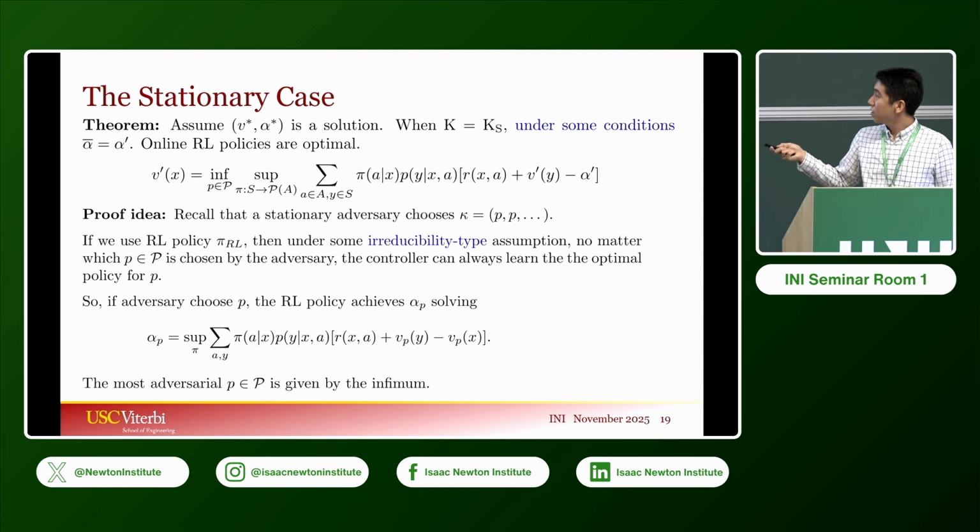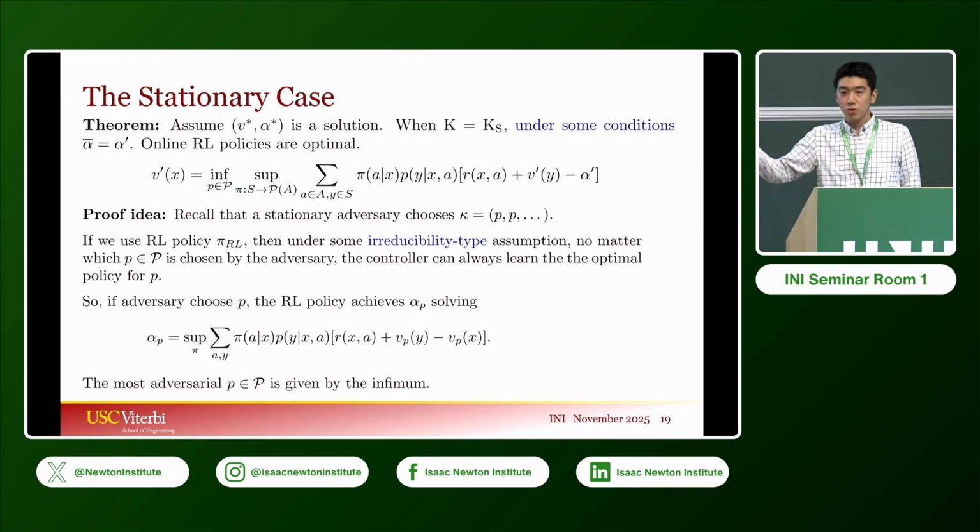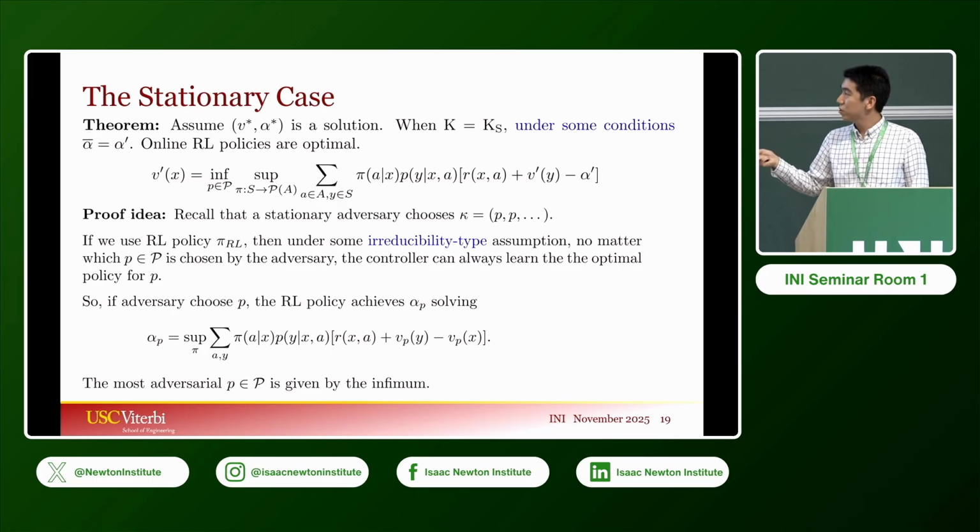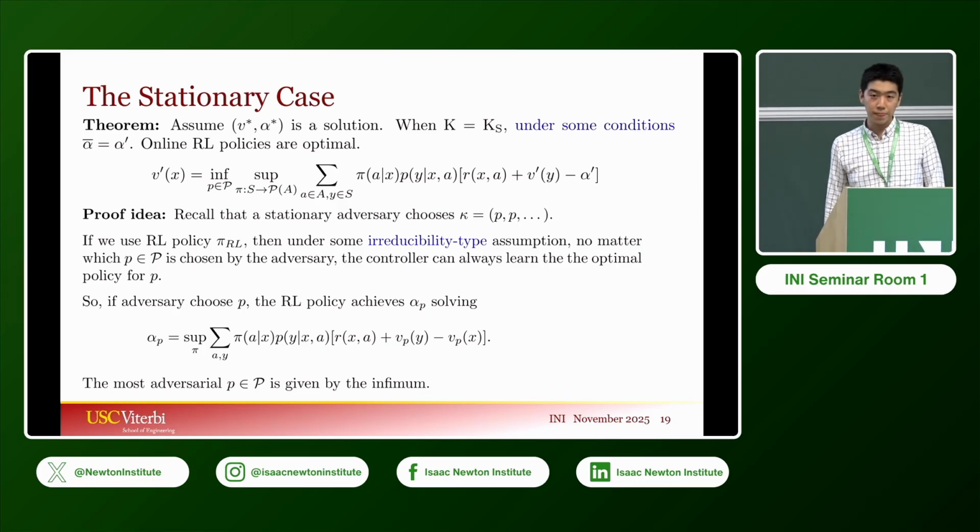Basically, by using this reinforcement learning policy, the controller is able to achieve this alpha P, which is the optimal average reward if the adversary chooses P. So the controller using a reinforcement learning policy is always going to achieve this alpha P.